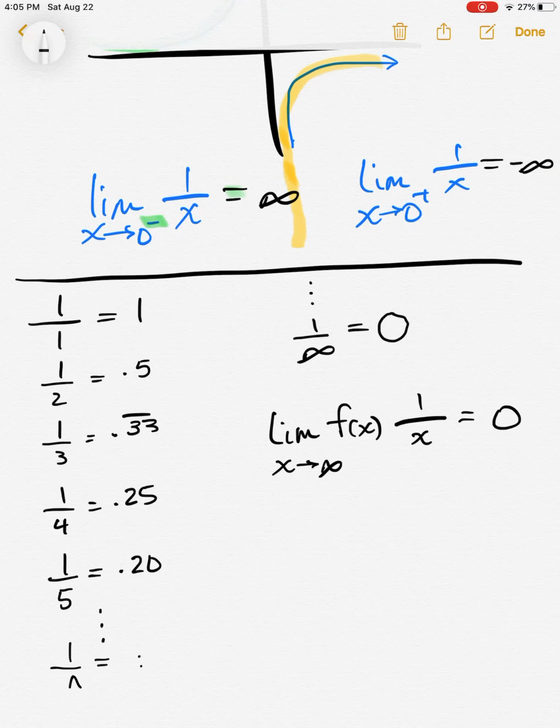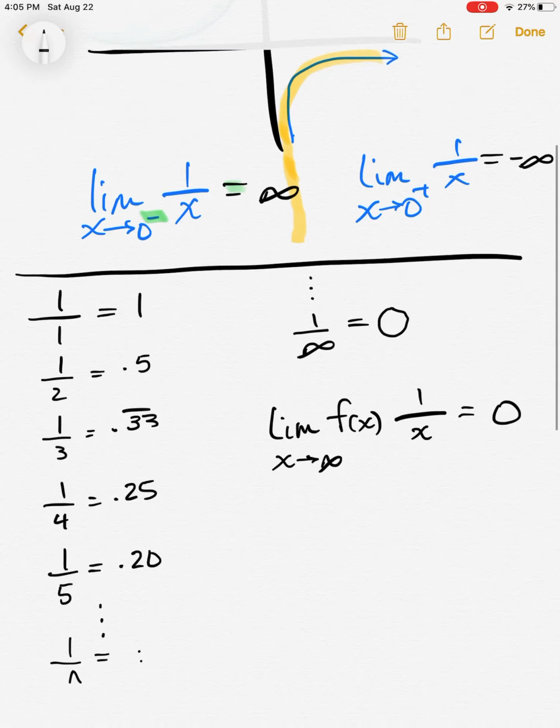And it doesn't even have to be 1 in the numerator. It could be any number. It could be 500. It could be 700,000. If you have x in the denominator and x is approaching infinity, it doesn't matter. It's always going to have a limit of 0.